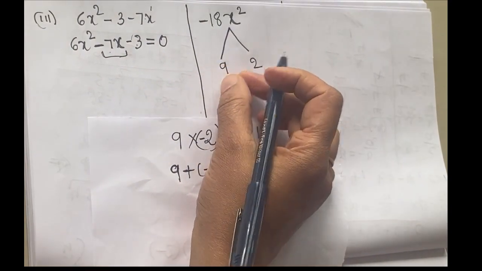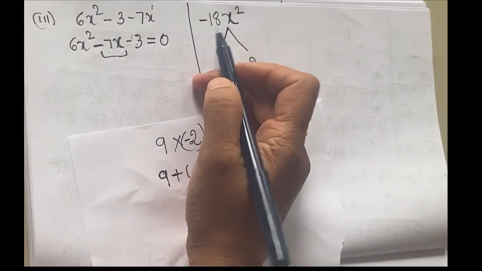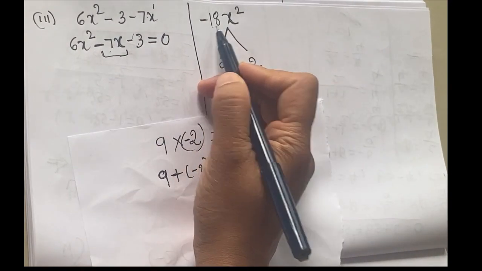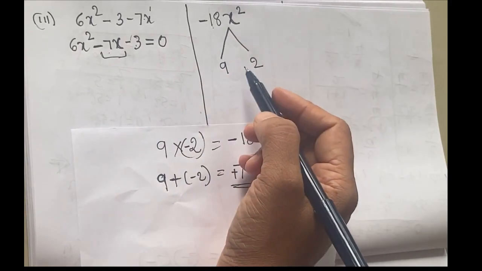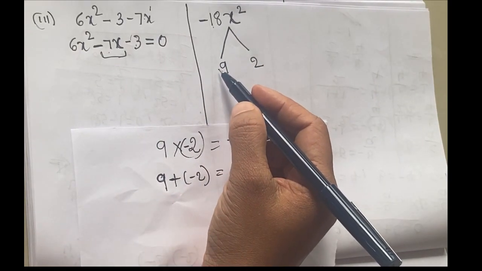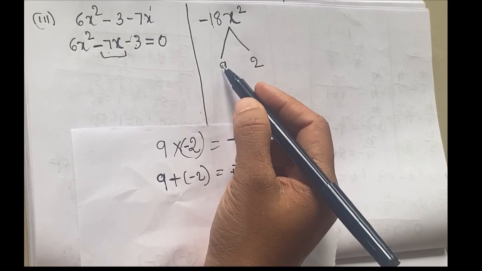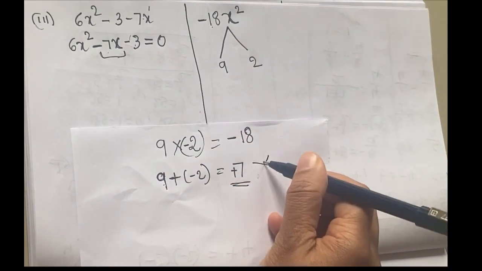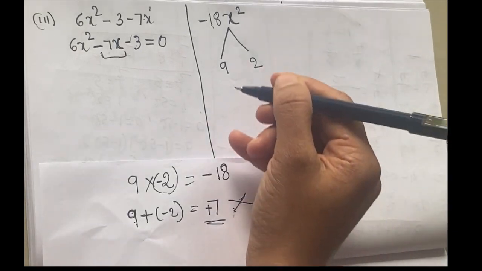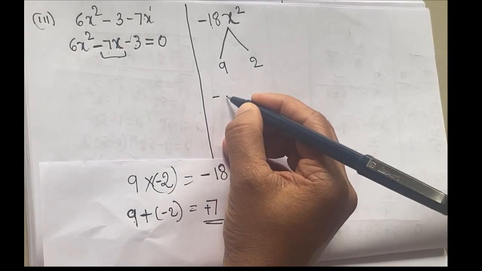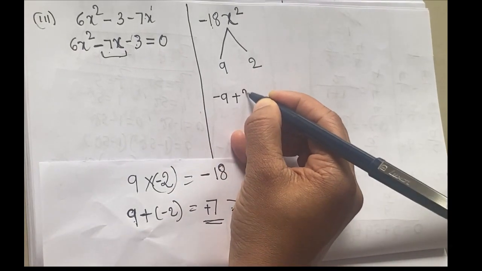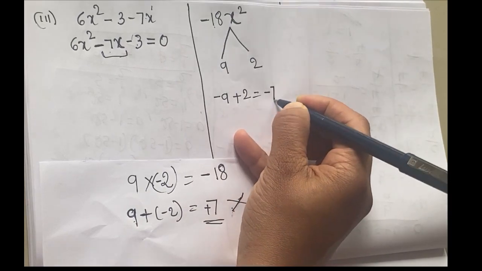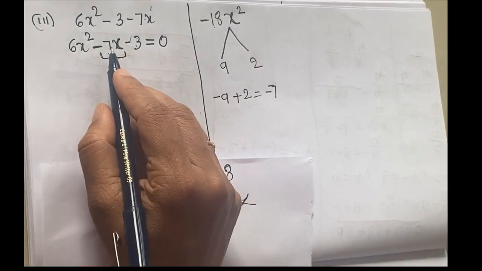Then we need to be very careful while choosing the sign. If I take plus 9 and minus 2, I will get plus 7. This is not possible. If I take minus 9 and plus 2, I will get minus 7. This one is okay.